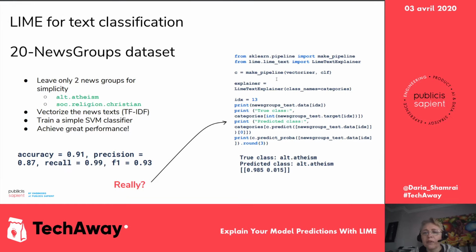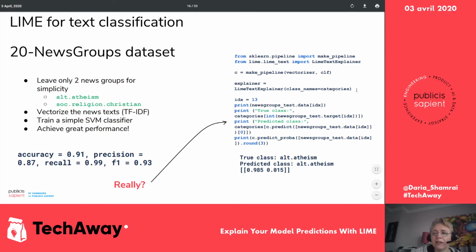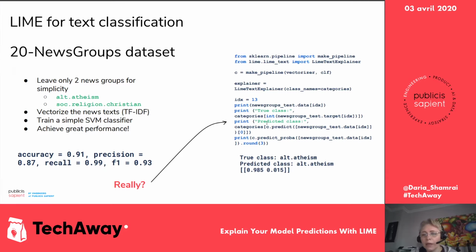For this purpose, we packaged the steps of pre-processing and classification into a single pipeline. And we take a particular instance of the text, like I said, it's all local, and we take a single instance, which is at index 13. And we ask, okay, tell us what is the class, and we see true class, alt.atheism, predicted class, alt.atheism.